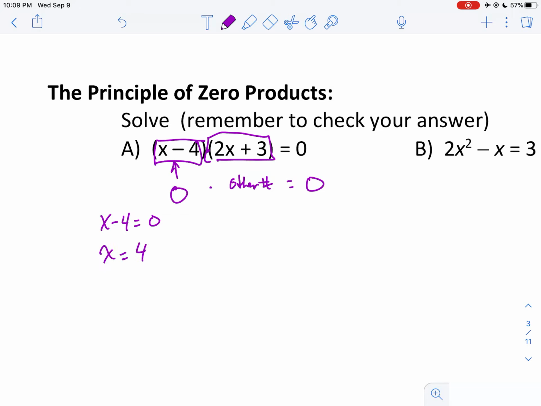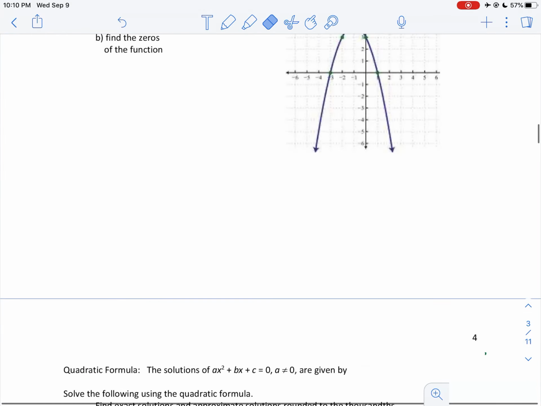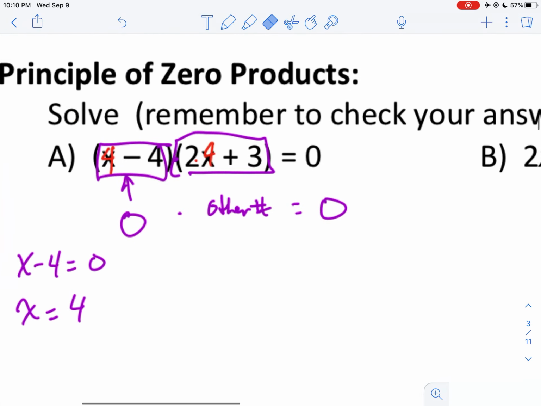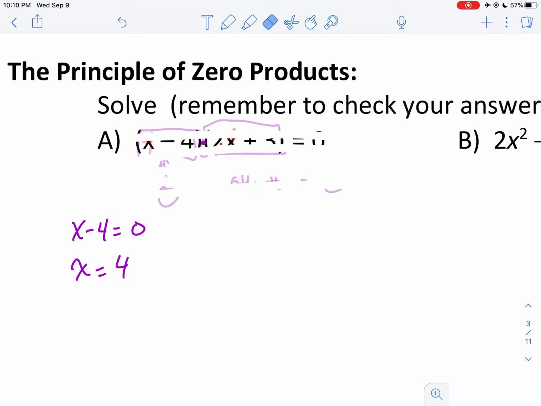You can even plug it in. 4 minus 4 gives you 0. Now we could plug 4 in here as well, but it doesn't matter what that is. 0 times this number is going to give me 0. So one solution to this equation is 4.